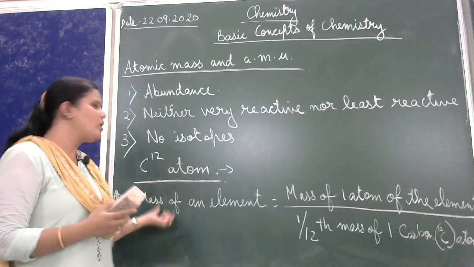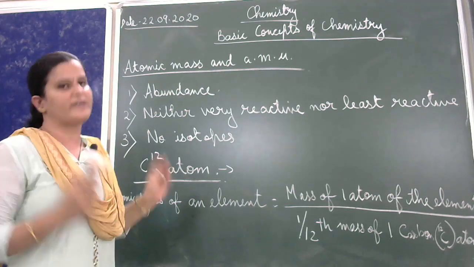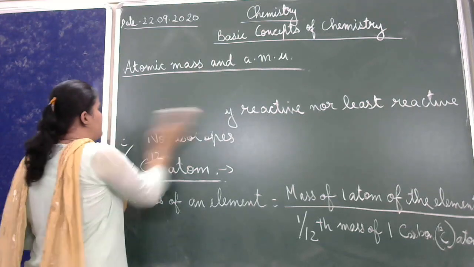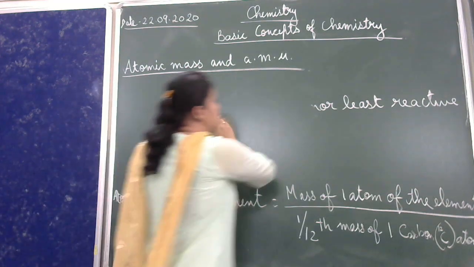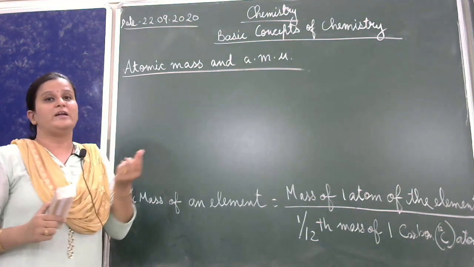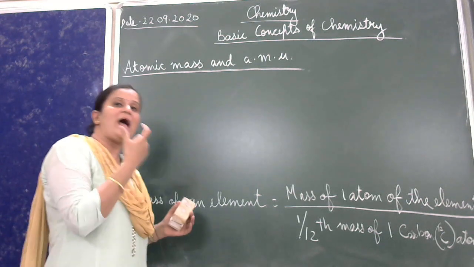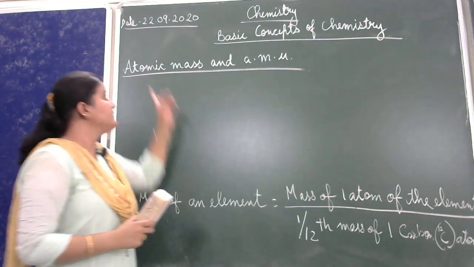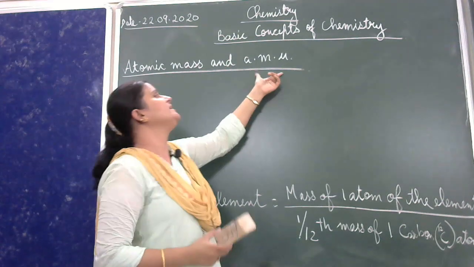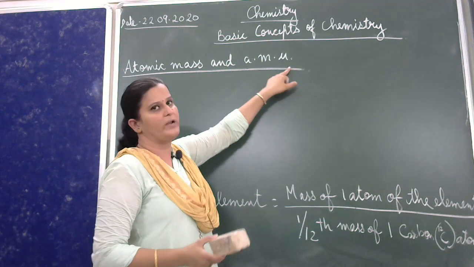Because it is a relative weight, initially there was no unit given. But scientists found there is a need for a unit so that we can find the actual mass of an element, and that unit is called AMU, the atomic mass unit.